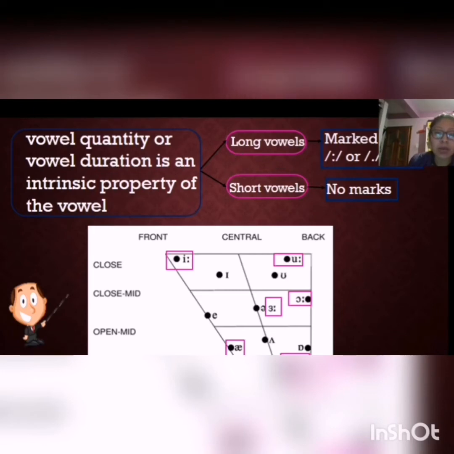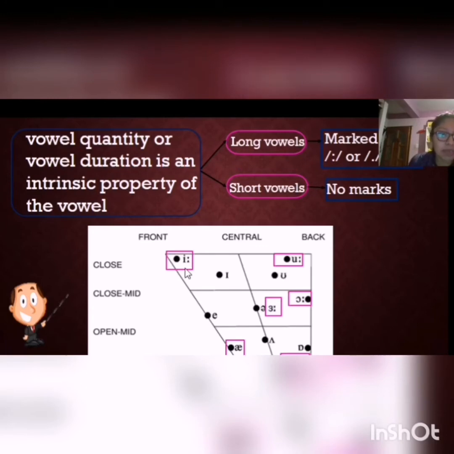The long vowels are marked with this or this column. This column means fully long, and this other column means half long. And the short vowels don't have any mark. So if you look at this quadrilateral here, you will see that all the vowels that have a column are long vowels.